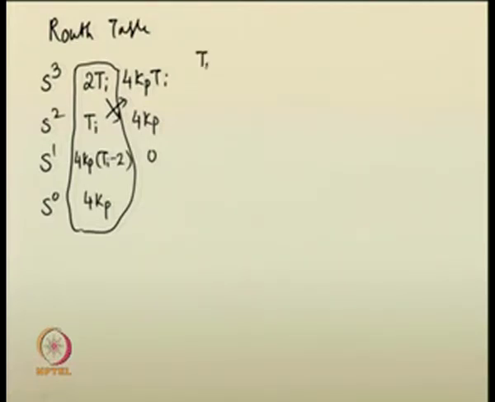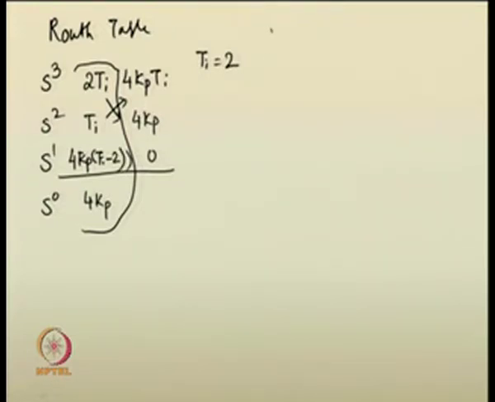When Ti equals 2, what happens? At that time both the coefficients of this row will be 0. What does that imply? That implies that the closed loop transfer function will have two poles located on the imaginary axis.